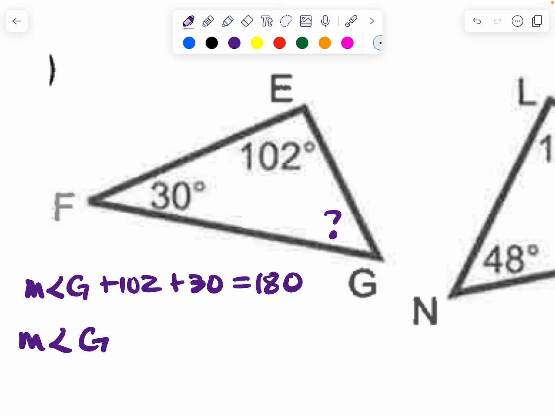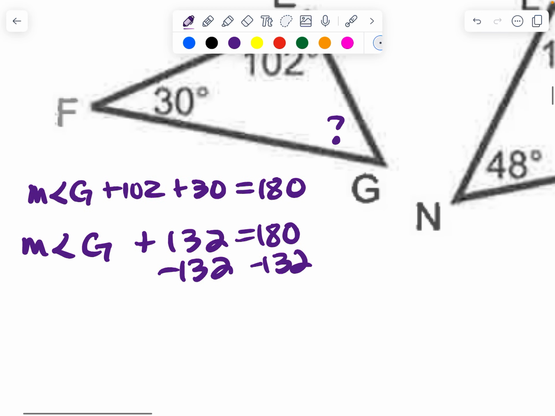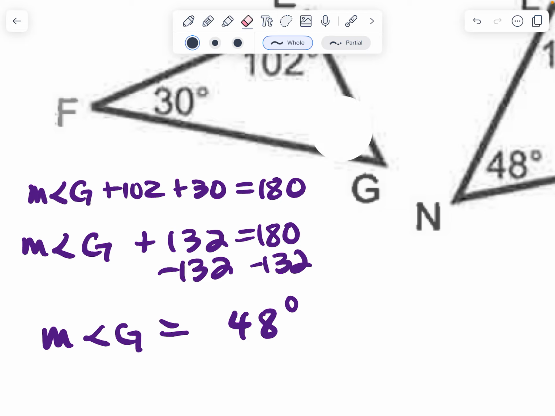So the measure of angle G plus 132 equals 180. Subtract the 132. That gets me the measure of angle G equals 48 degrees. So this is 48 degrees.